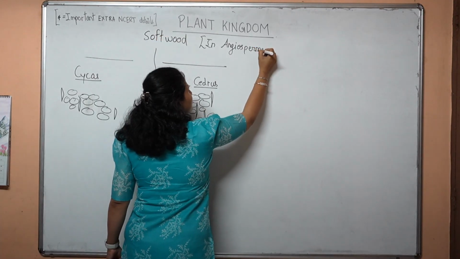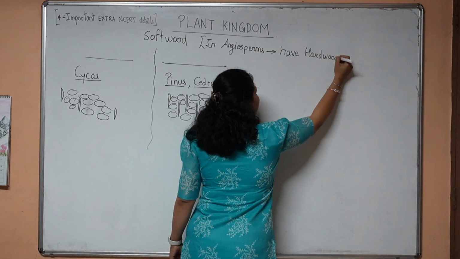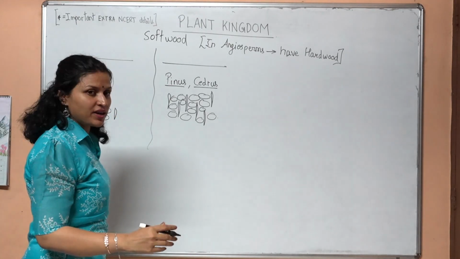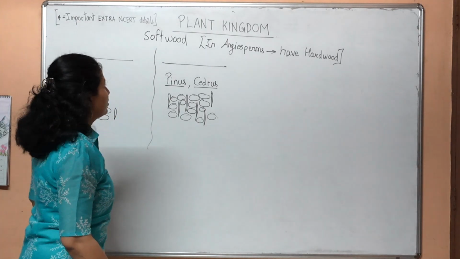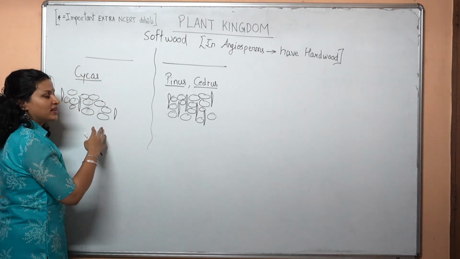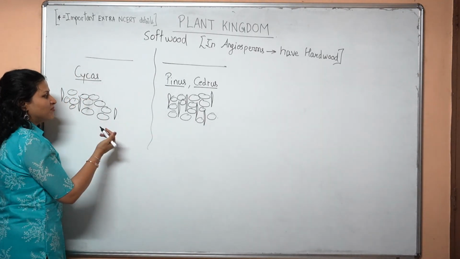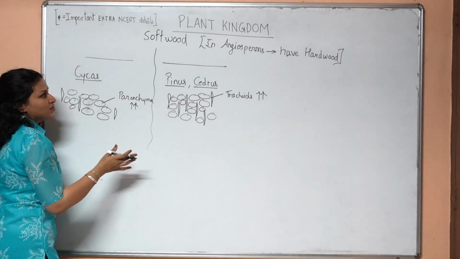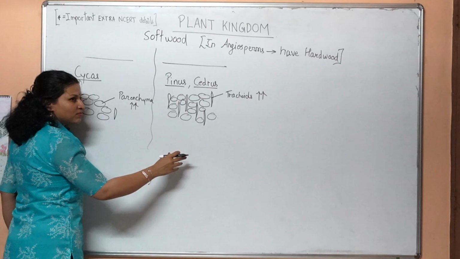In Angiosperms, they have hardwood. Angiosperms will have hardwood because of the presence of vessels in them, and these guys have softwood. And within softwood, there will be two different variants. This, wherein there is less amount of tracheid and more amount of parenchyma, and here, wherein tracheids are more in number. As a result, this softwood is different from this type of softwood.